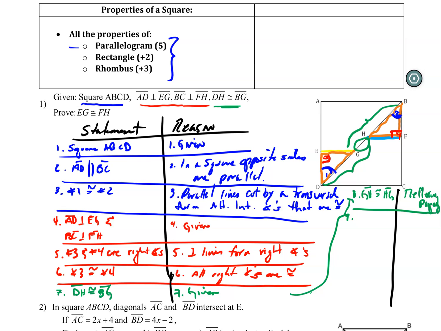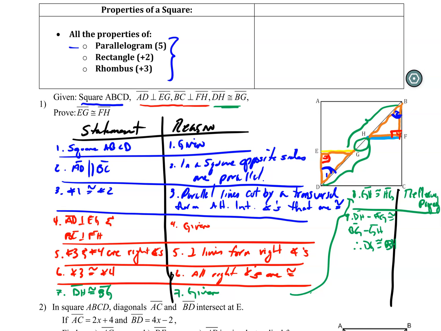So we can say the big part of DH minus HG is going to be congruent to BG minus GH. And if I take that away, I'm just left with DG congruent to BH.